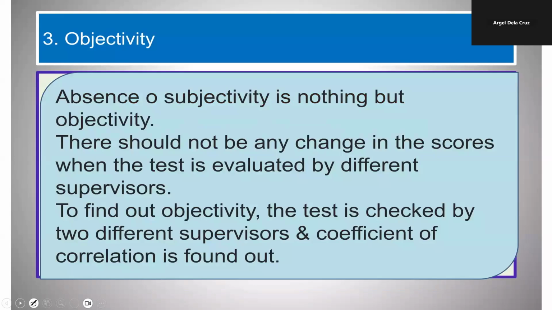Now, objectivity is basically an element of science, the absence of bias or subjectivity. So objectivity means that you are objectively observing the phenomenon. The test is checked by two different supervisors and the coefficient of correlation is found. In every research, we have objectivity.